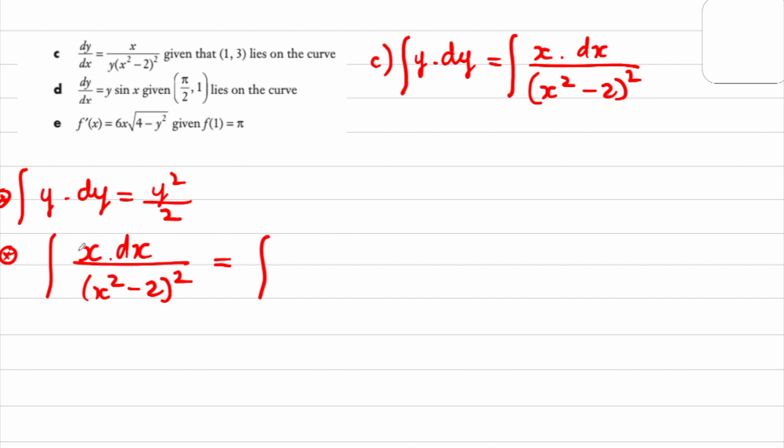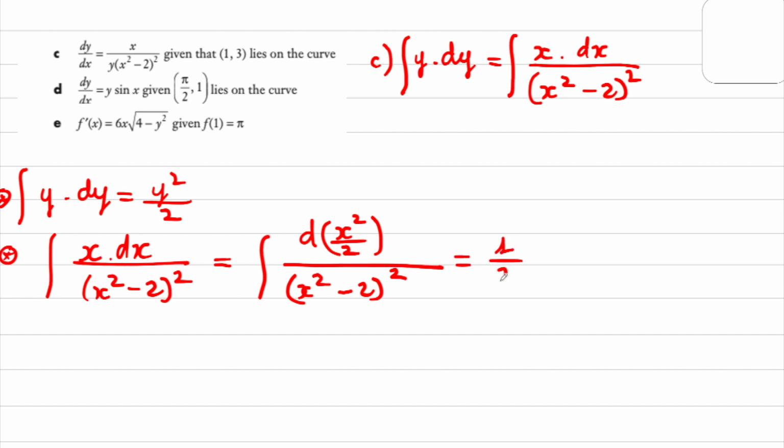When I want to set x inside the dx here, you will get d of x squared over 2, right? So the 1 over 2 in this bracket, I can put outside the bracket like this. And after that, I just have dx squared.